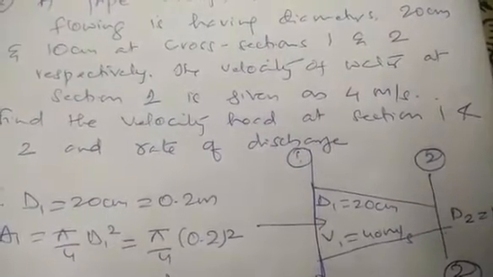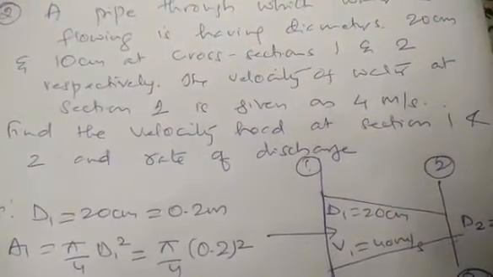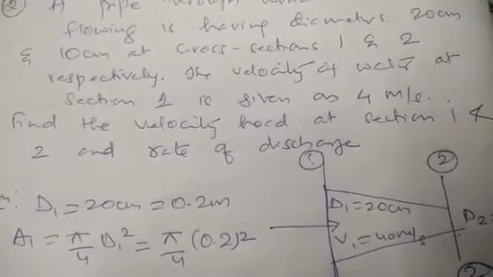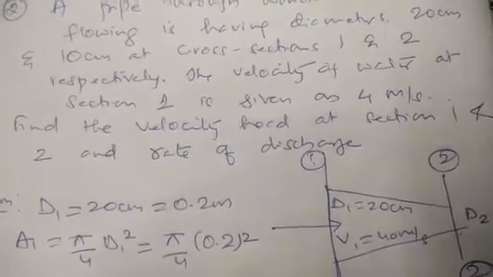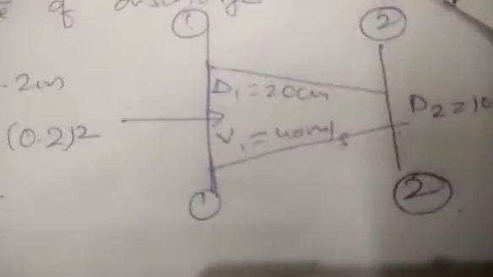Find the velocity head at section 1 and 2 and the rate of discharge. You need to find out the velocity head at section 1 as well as section 2 and also the rate of discharge. We can see here, this is the diagram.